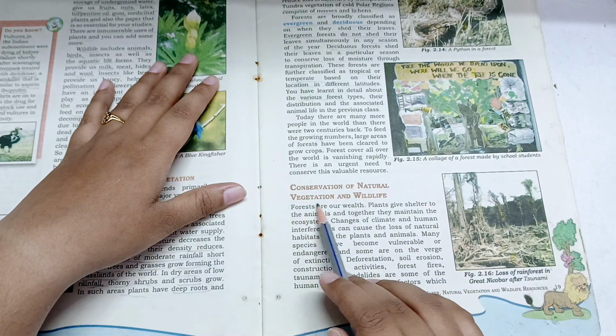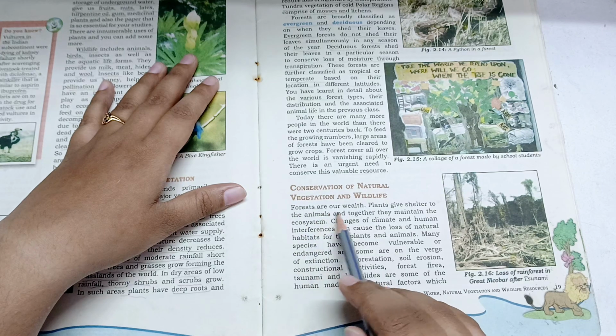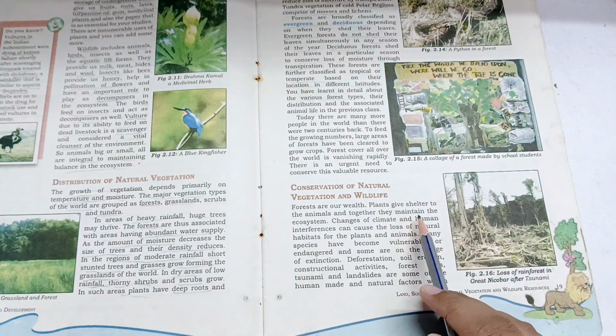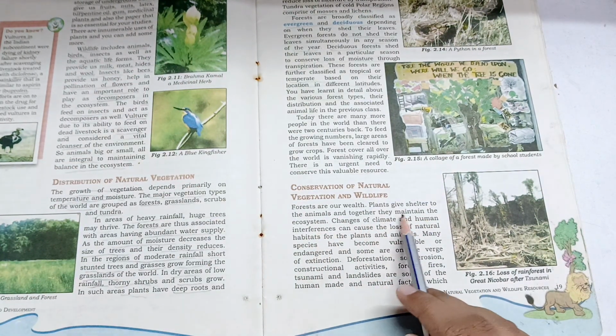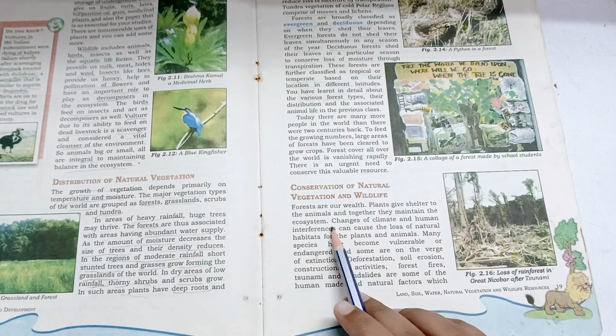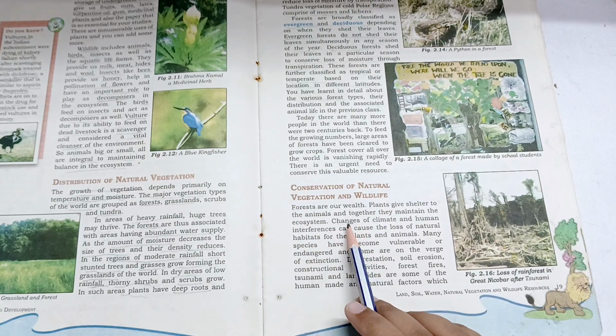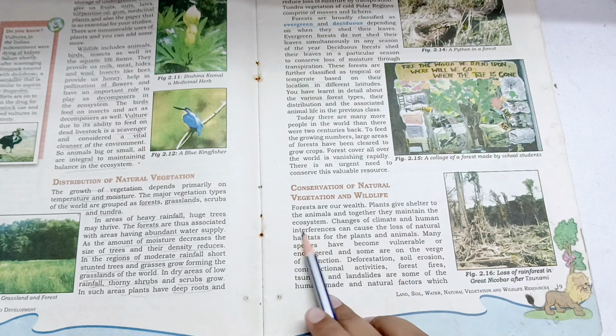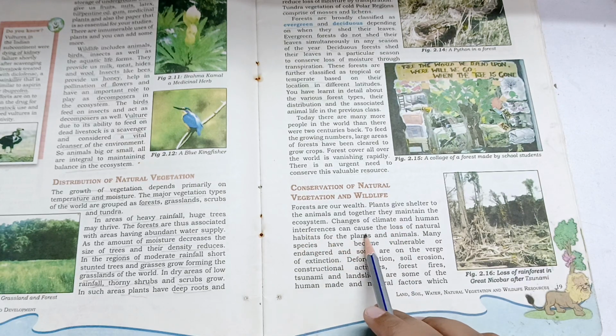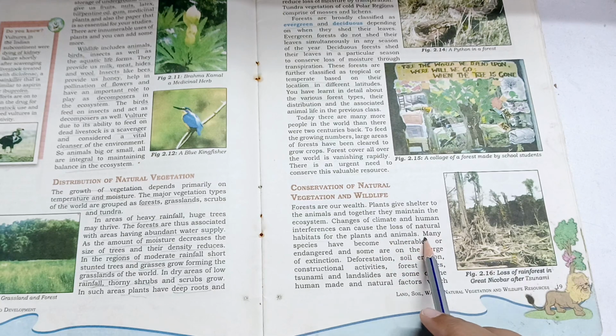Conservation of natural vegetation and wildlife. Forests are our wealth. Plants give shelter to animals and together they maintain the ecosystem. Changes of climate and human interferences can cause the loss of natural habitats for the plants and animals. Many species have become vulnerable or endangered, and some are on the verge of extinction.